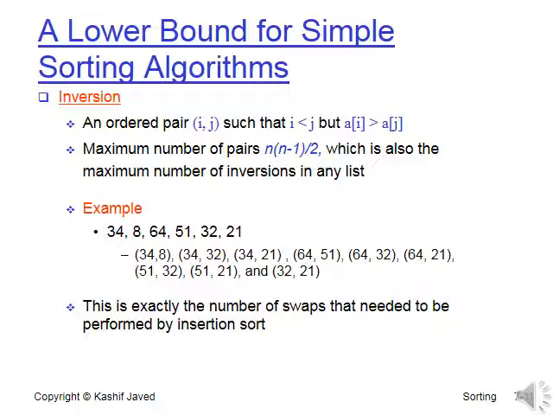Further, you need to swap 64 with 51, 64 with 32, and 64 with 21. Then 51 needs to be swapped with 32, then with 21. And finally, 32 needs to be swapped with 21. The exact number of swaps needed to be performed by insertion sort will be 9.